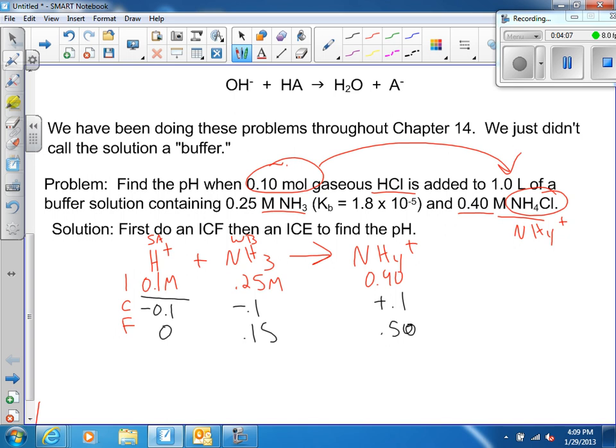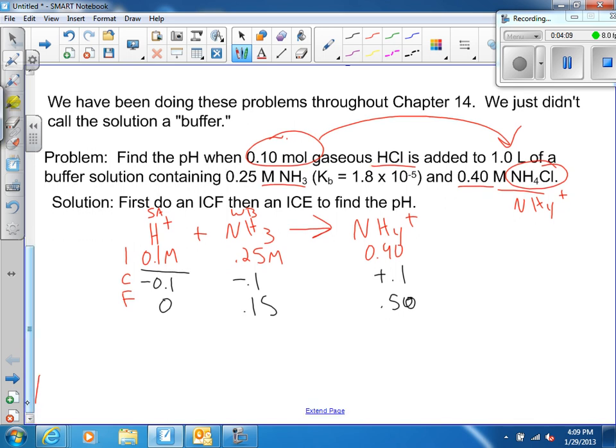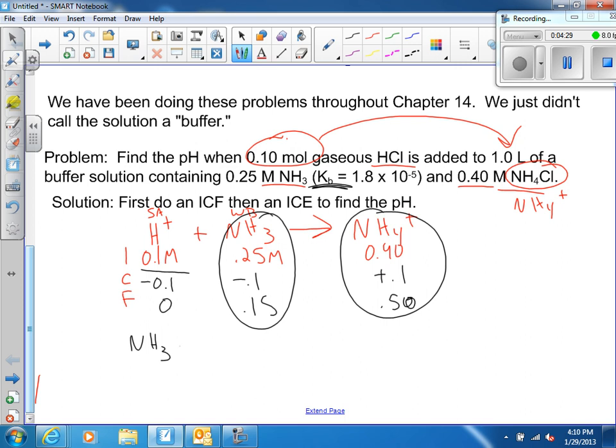Those are molarities. Now I need to put this into an icebox. For my icebox, I need an acid, weak base reaction. Notice I have both my NH3, my weak base, and my NH4, my weak acid, present. I was given a Kb, so I want to use a base reaction. So I will have NH3 plus water.